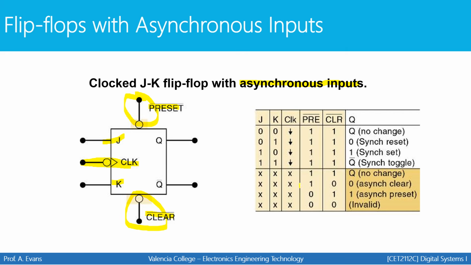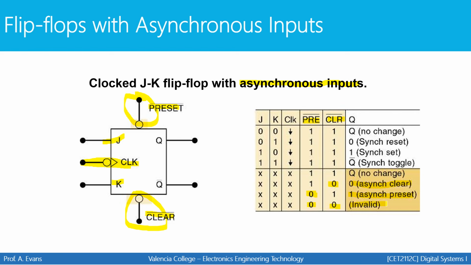And that's what the truth table shows you right here. So you have an asynchronous clear if you send a low signal to the clear input. You have an asynchronous preset if you send a low signal to the preset input. And you wouldn't try to clear and preset at the same time.